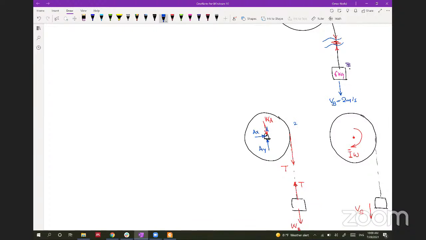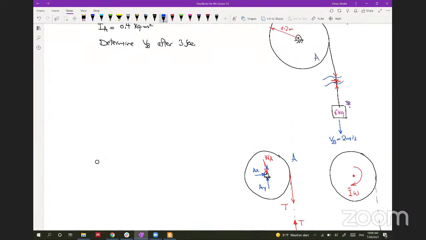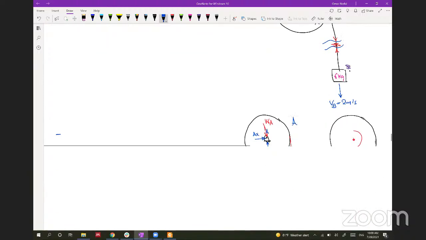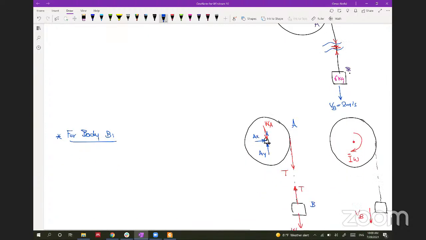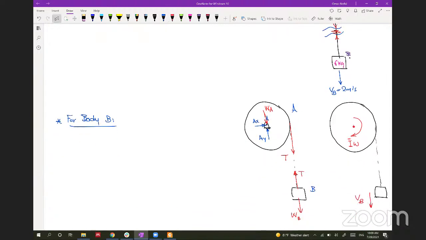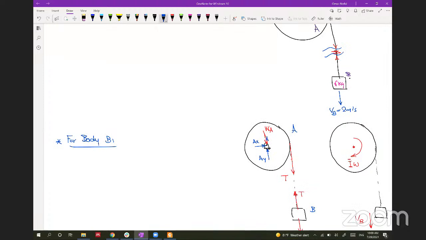And actually we have A and B, so we can use A and B. So here is A and here is B. So let's start here, for body B. For body B, I know there's no angular momentum because this body is making vertical movement, and there's no X linear momentum because this body is moving in the Y direction. So what I will do is get the equation in the Y direction.